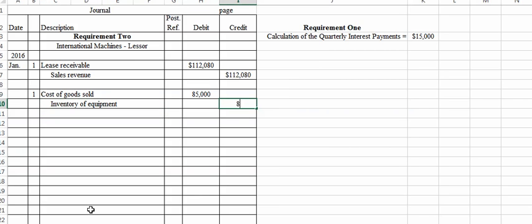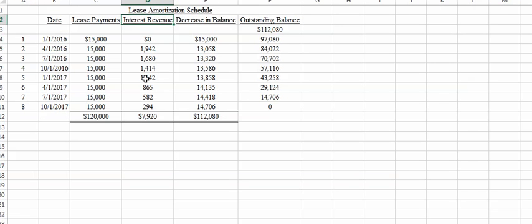It comes off the books at its cost, $85,000. So here, International Machines, technically the lessor, is going to make this spread, $15,000 plus $12,080, so $27,080. They're making that much in gross profit. And then over the 2 years, they're also going to earn this interest revenue.